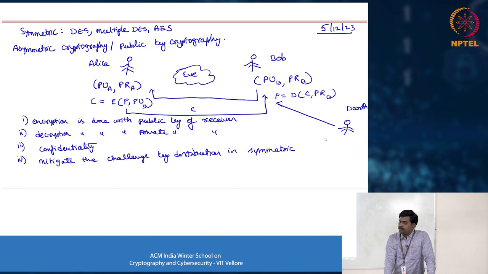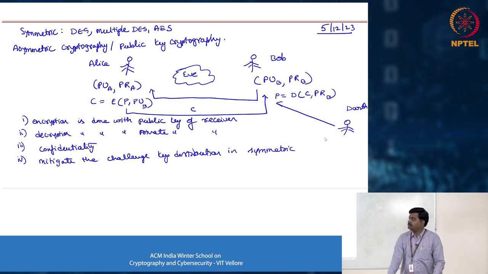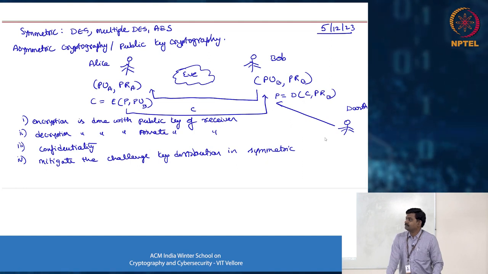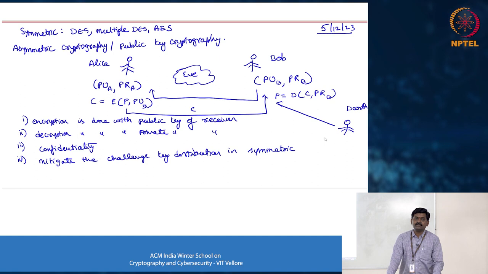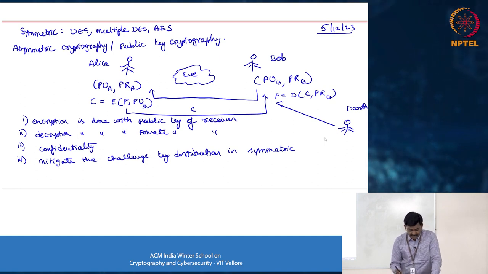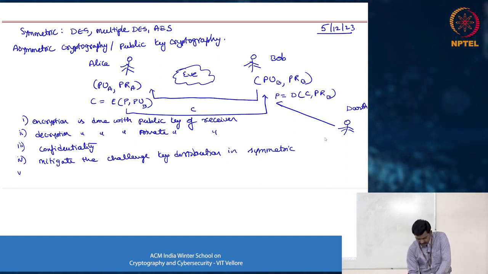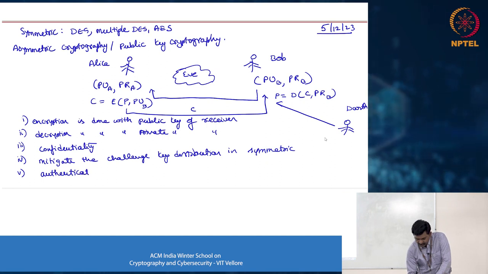How does Alice know that this is the public key of Bob? Another dimension to this is authentication. What is meant by authentication?